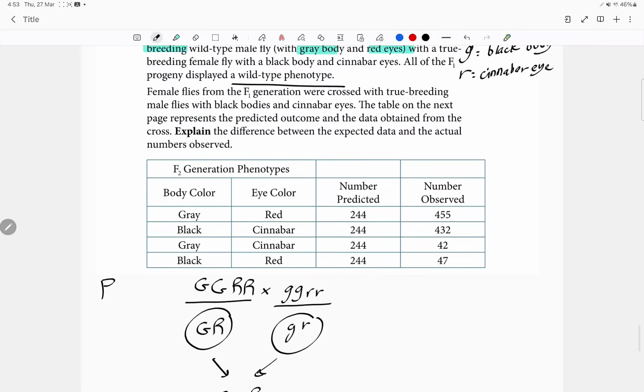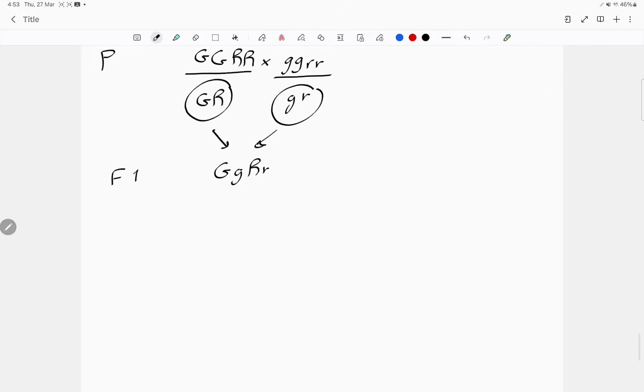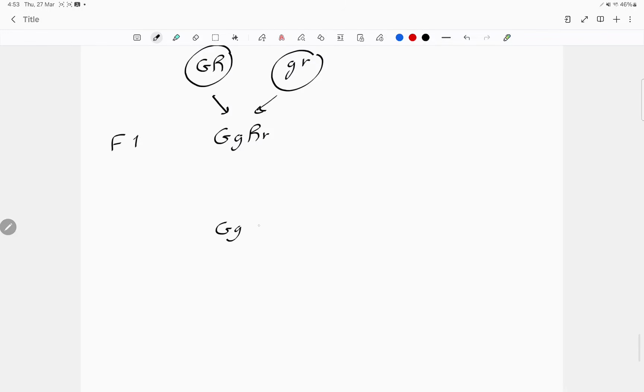Now, if you take the F1 generation and cross it with a true breeding black bodies and cinnabar eyes, that means you will take the capital G, capital R, small r with black body and cinnabar.